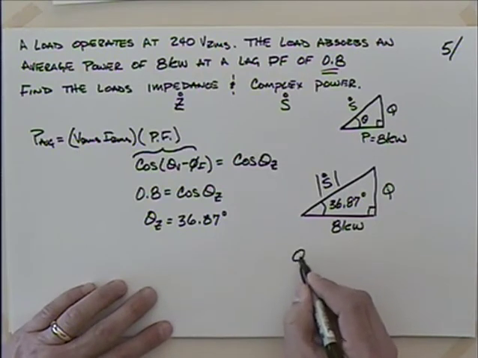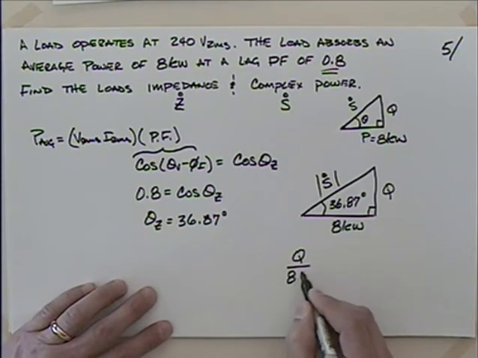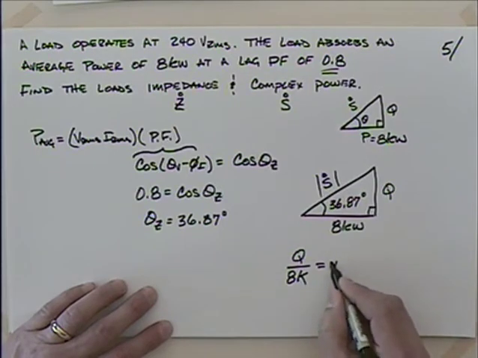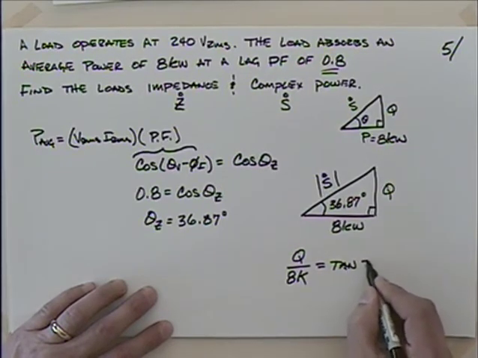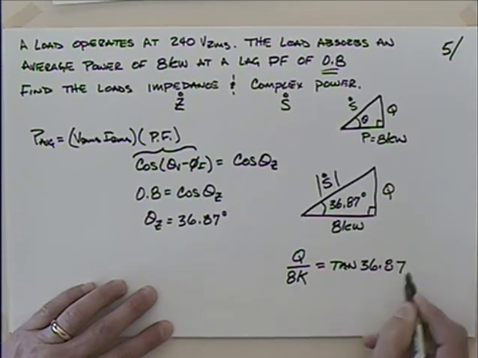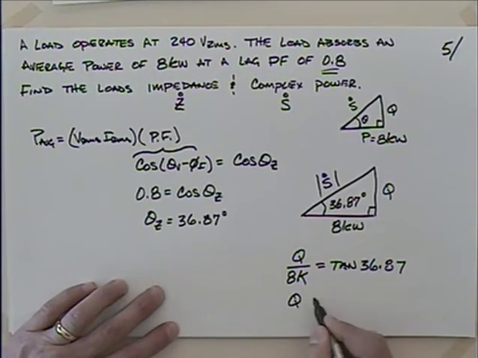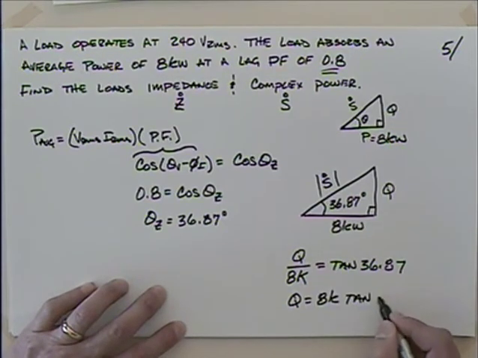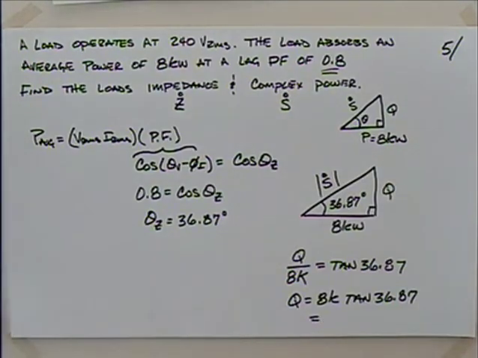The opposite, Q, over the adjacent, 8K. Opposite over adjacent is what? Tangent? 36.87. So Q is going to be equal to 8K times the tangent of 36.87. What's that turn out to be? 6?